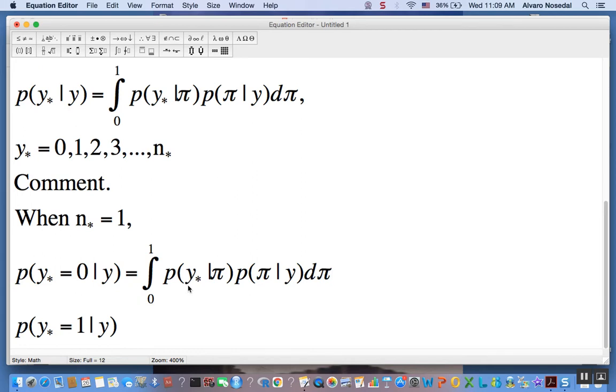Now, what's the probability of y star being 0 given pi? Pi represents, remember, the probability of success.